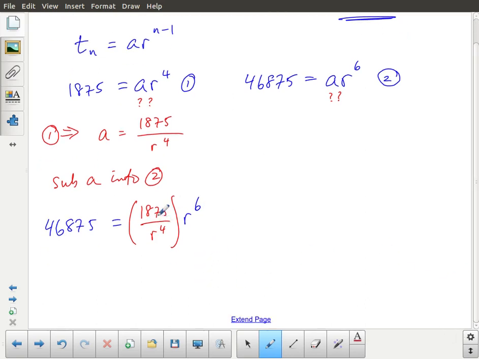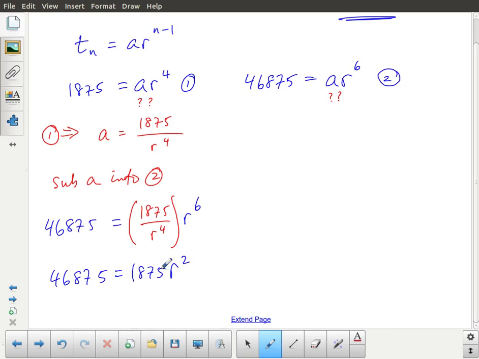And then what I end up with is r to the 6 over r to the 4. That just gives me r squared. 1875 r squared equals 46875. Now I'm going to pause here.